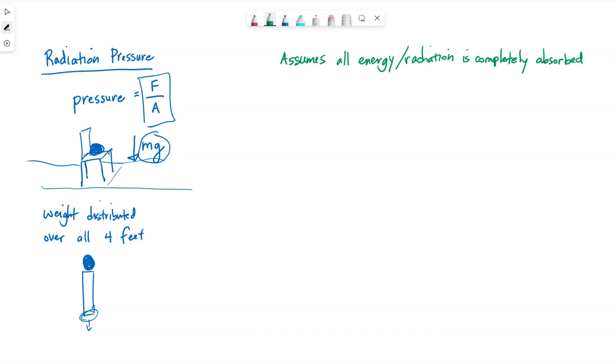So as this electromagnetic radiation, some sort of light, it could be microwaves, X-rays, visible light, if it's completely absorbed, then this radiation pressure, this is how they write it in the book, is a lowercase p with the subscript of RAD, is the intensity over the speed of light.